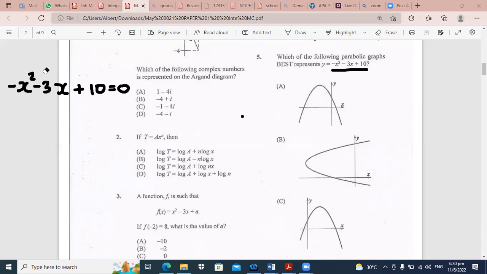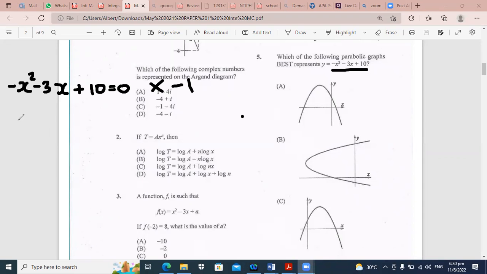Now, to make life easy on us, we're going to multiply everything by -1. You know why? Because we don't normally start a quadratic with a negative. It's just awkward. So we multiply everything by -1 to get rid of the -1.